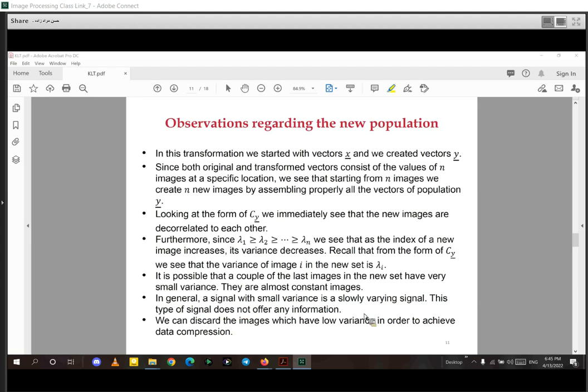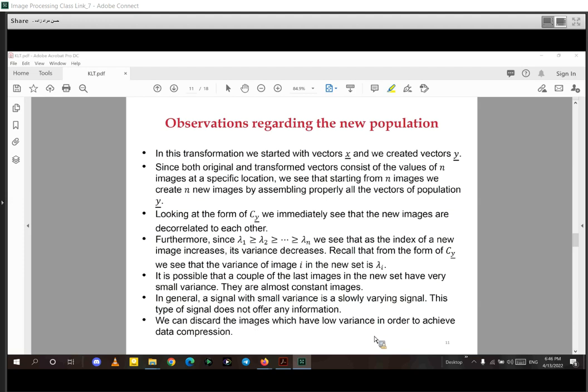We will see this in the next slides. In general, a signal with a small variance is a slowly varying signal. This type of signal does not offer any information, and we can easily delete it.